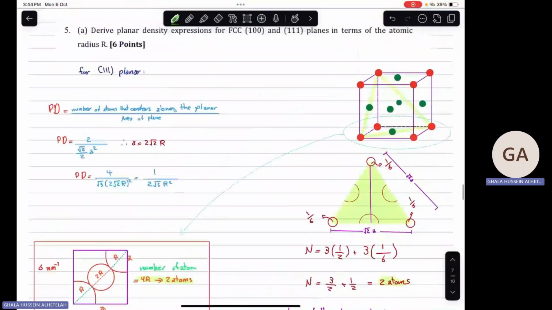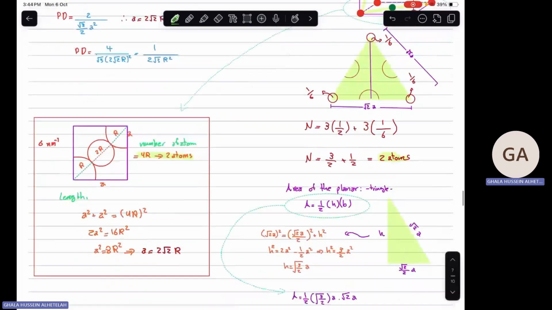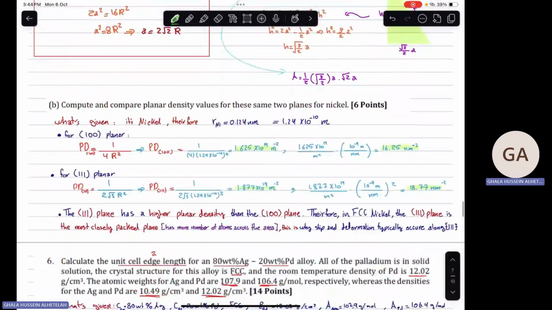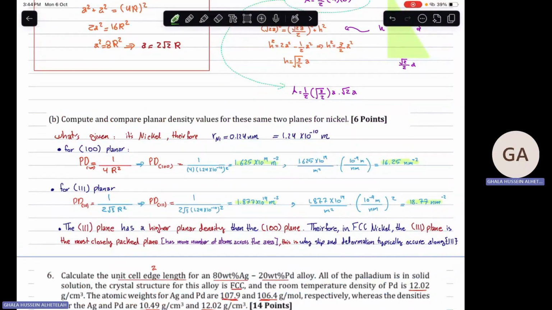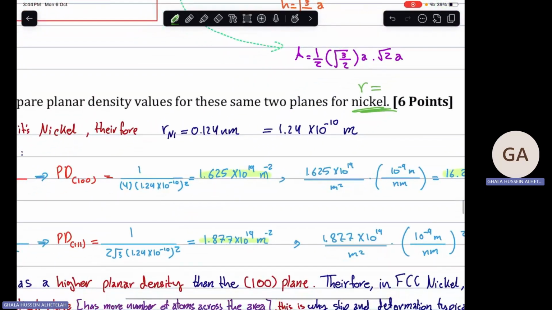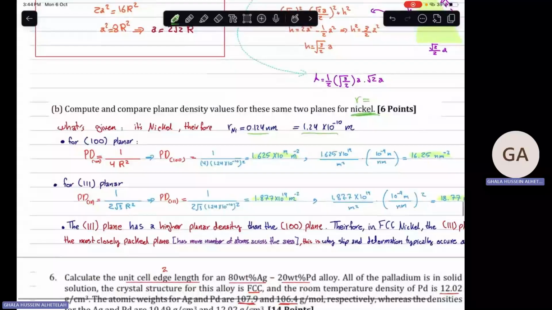As I mentioned, the 111 plane we did previously, so we don't have to redo it. For part B, he needs us to compute and compare the planar density values for the two planes of nickel. He must also give us the radius of nickel, which is 0.124 nanometers, equivalent to 1.24 multiplied by 10 to the power minus 10 meters.